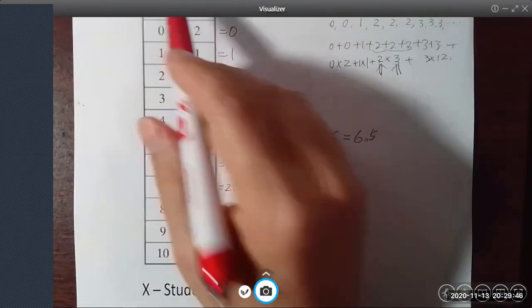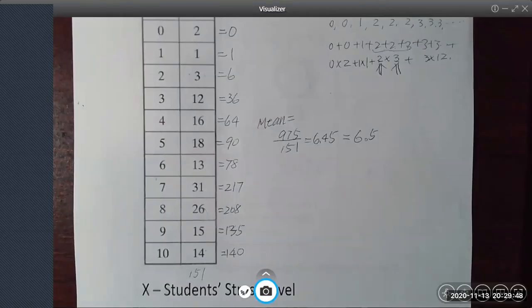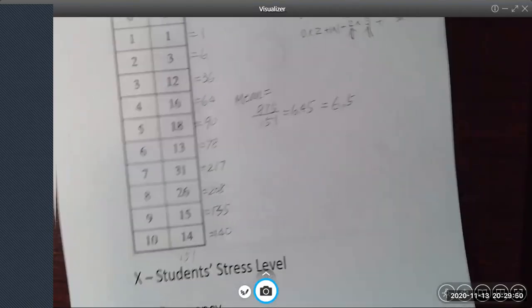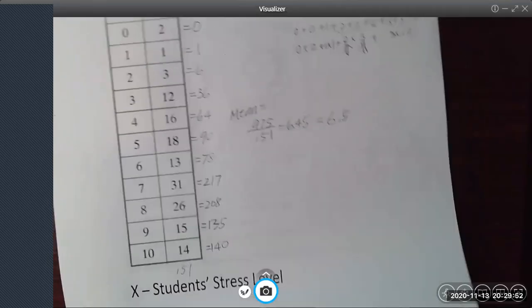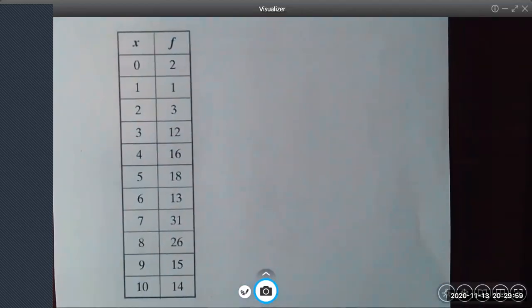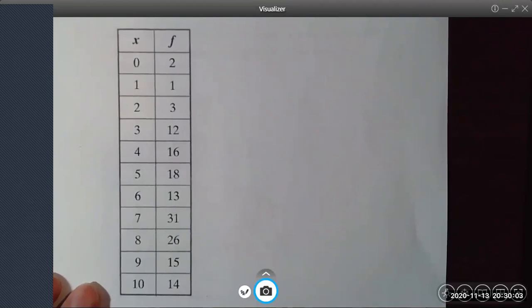Now let's look at the median. We're going to use the next page to do the median calculation. This is exactly the same table. Before we actually do this calculation, I'd like to show you how to calculate the median efficiently when you have a frequency distribution table.